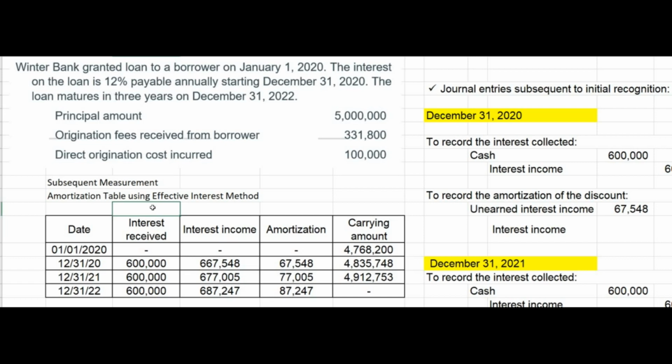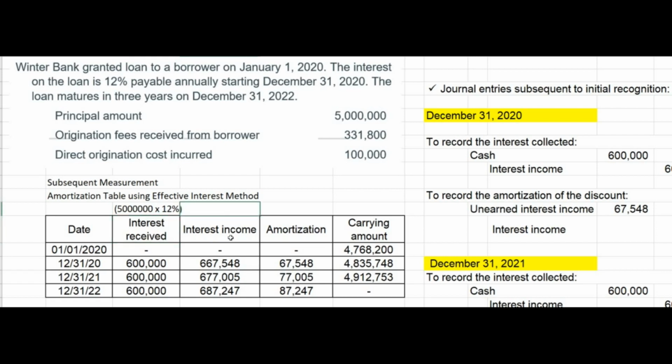So this column is computed as your principal times your nominal rate. That is 5 million times your 12% nominal interest rate. That's why it will give us 600,000.